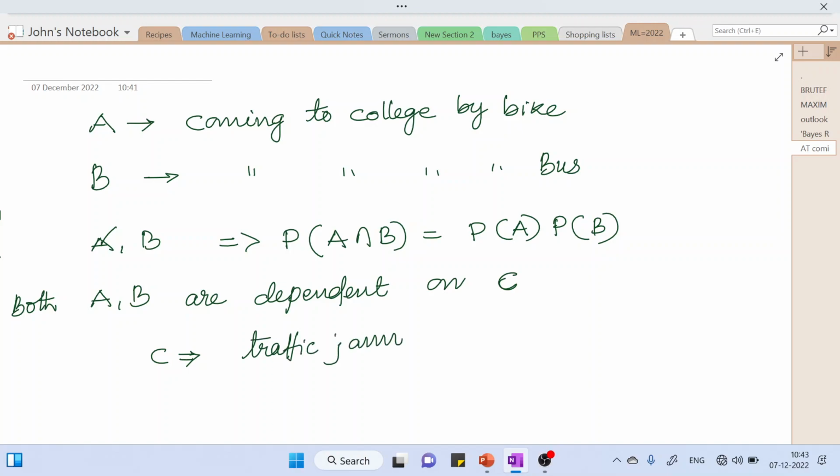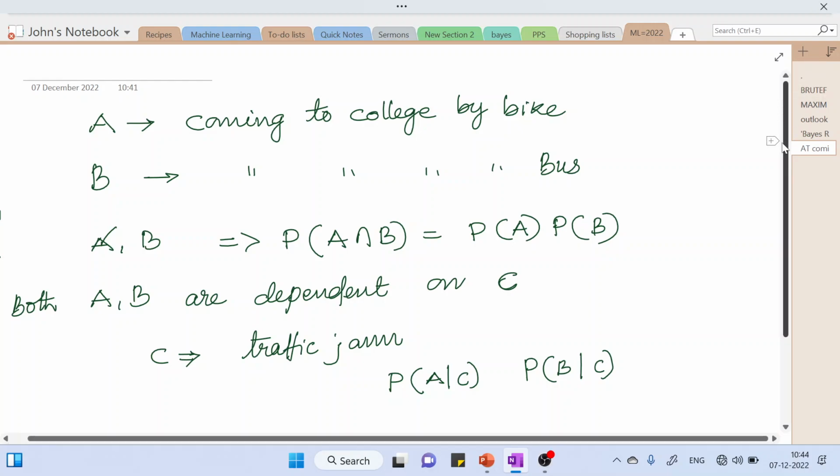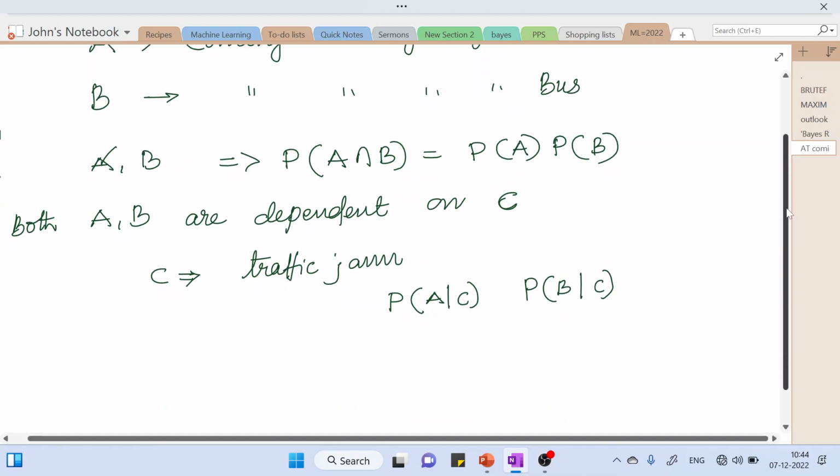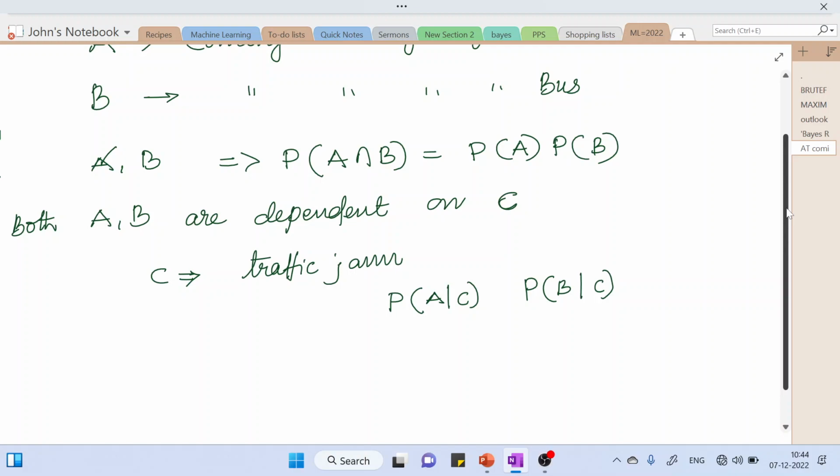So A depends on C, B depends on C. But the thing is, the occurrence of A given C doesn't give any information about the occurrence of B. Similarly, the occurrence of B doesn't give any information about the occurrence of A. Then A and B are called conditionally independent given C.